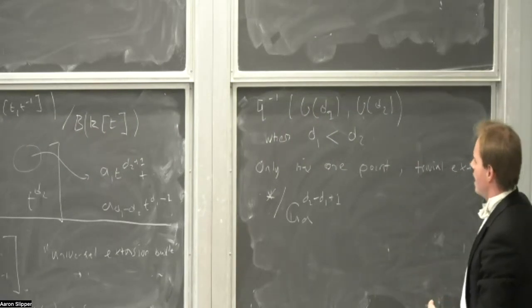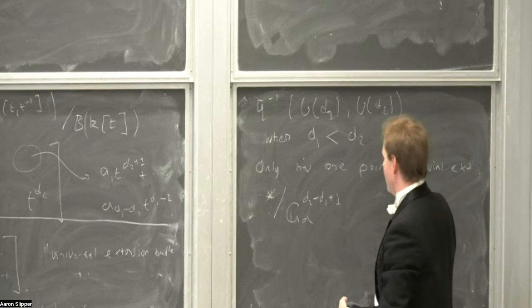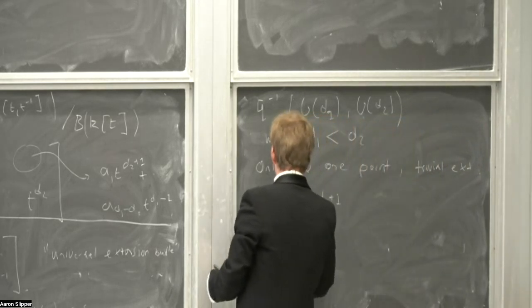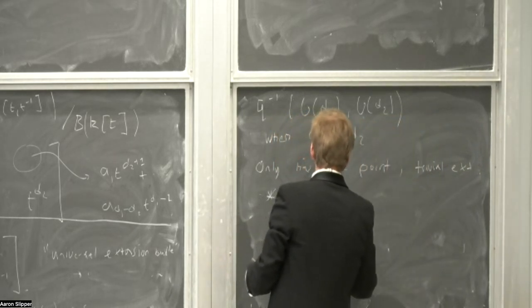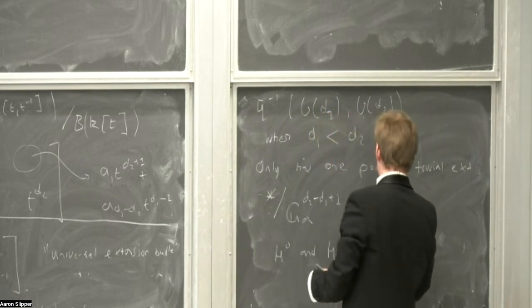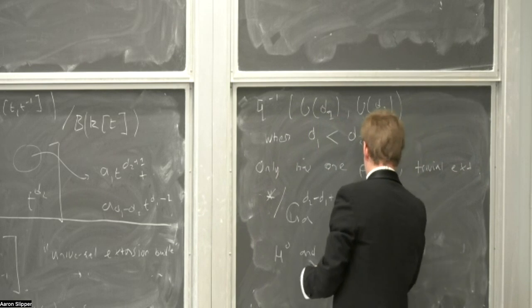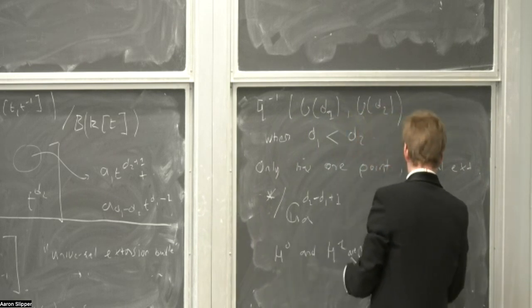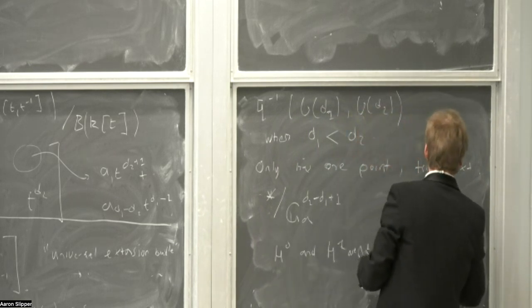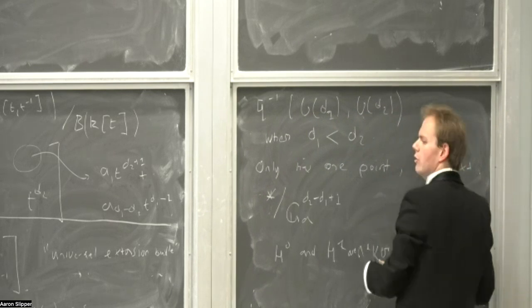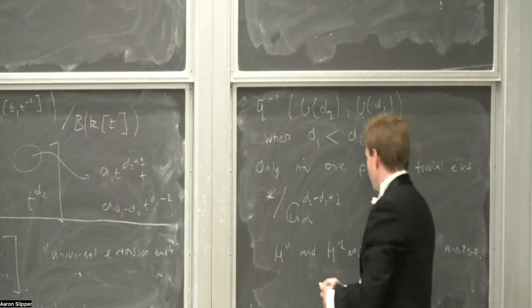Nice. And so there's a kind of duality underlying all of this, again, the fact that H0 and H1 are never both non-zero. So you can never have both being non-zero for a line bundle.